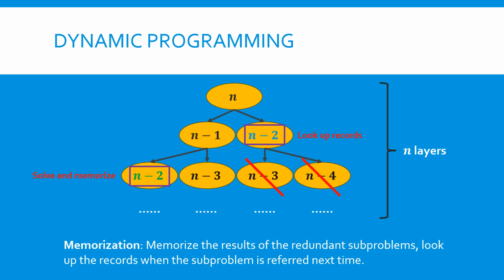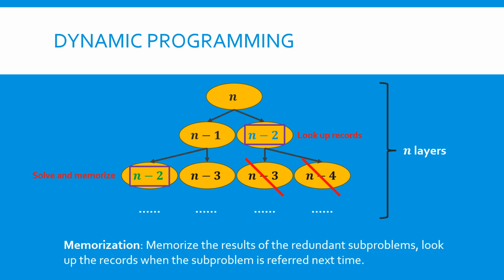For example, the green subproblem F(n-2) in the second layer will be encountered before the blue one in the first layer. In this case, when we first encounter the green subproblem, we know it is unsolved, and we solve it as usual. Once we obtain the result, we memorize it by storing it in a table.